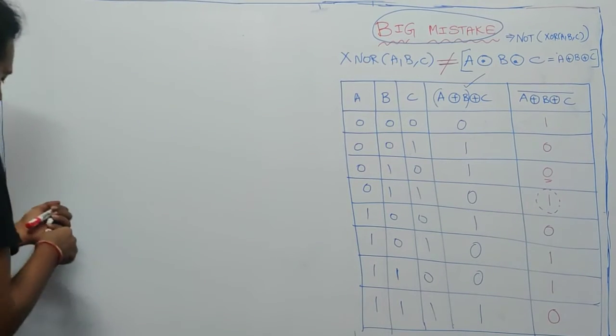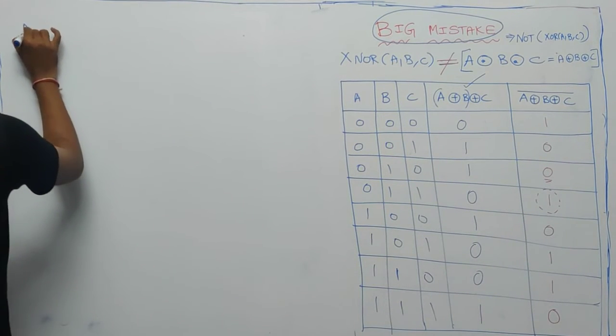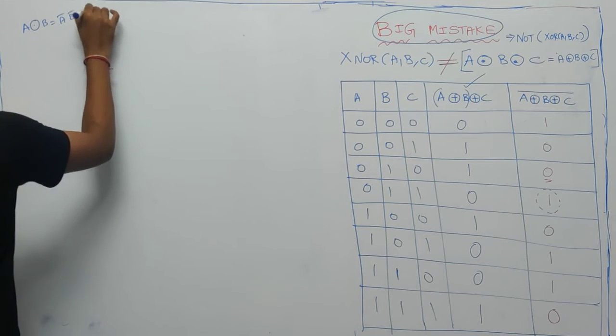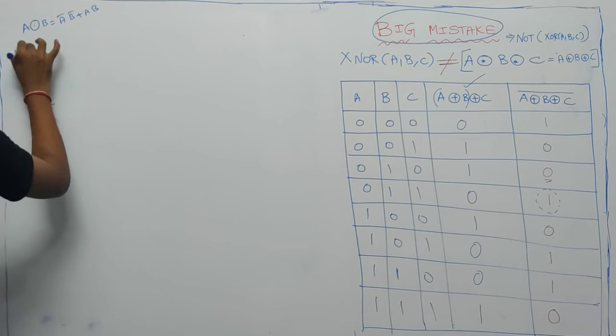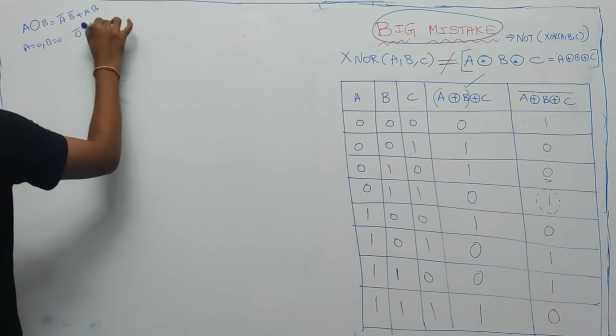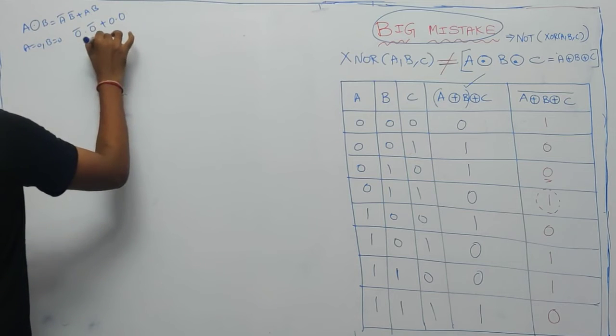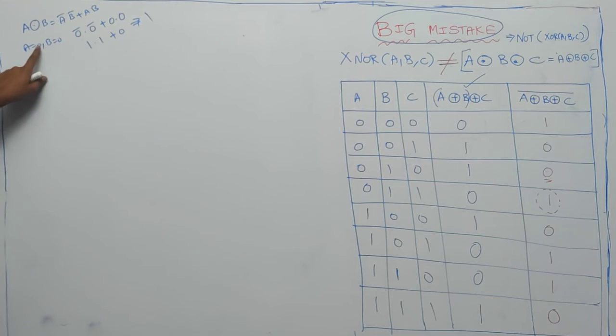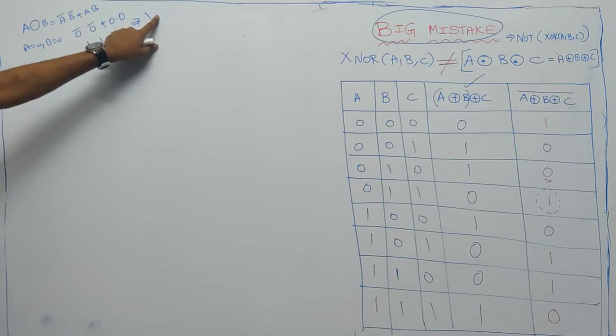Now we know XNOR is A bar B bar plus AB. If A is 0, B is 0: 0 complement, 0 complement, plus 0 times 0. So this is 1 times 1 plus 0, which is going to be 1. It means if you take A equal to 0, B equal to 0, the output is 1.